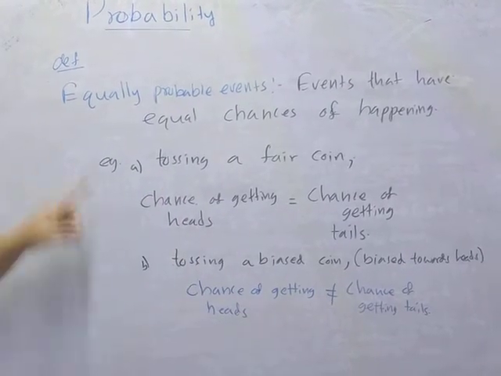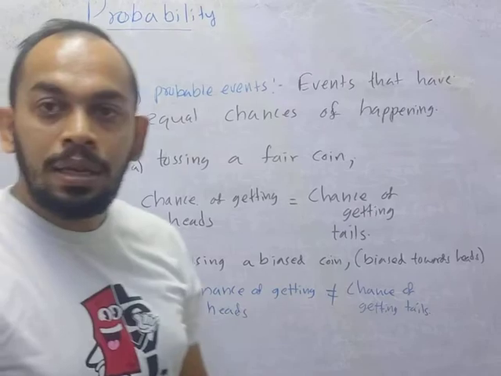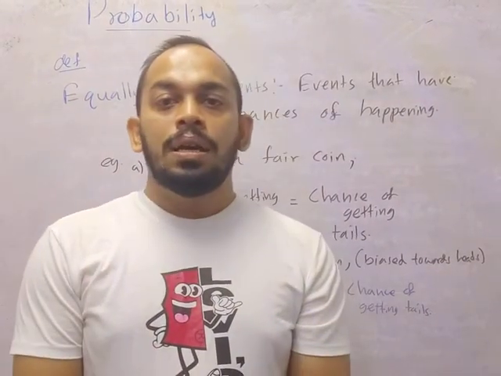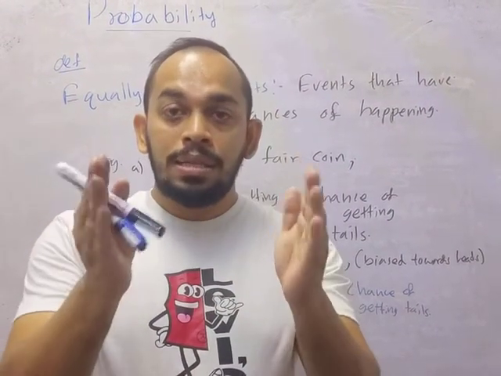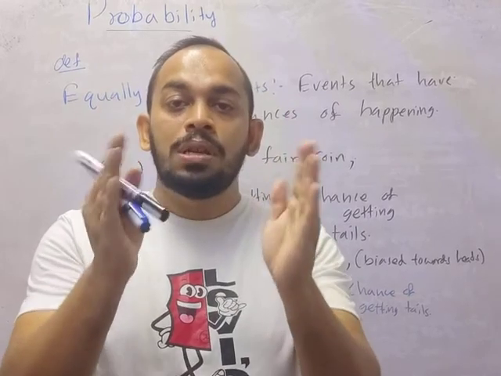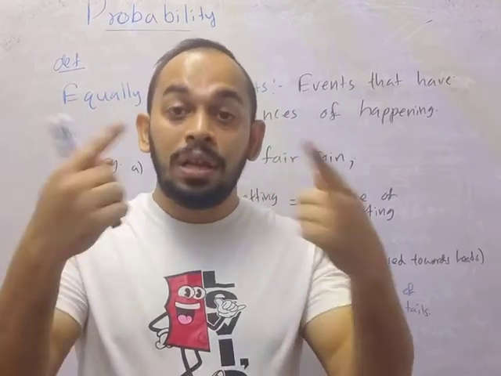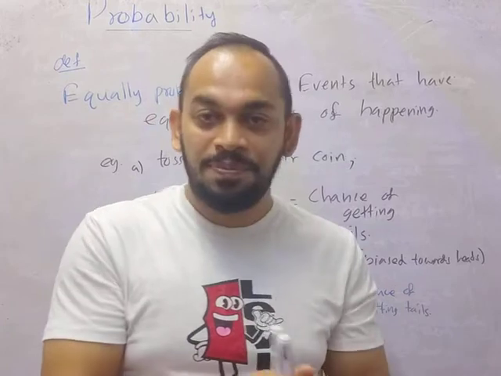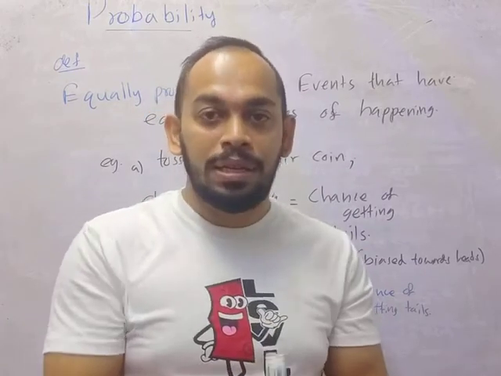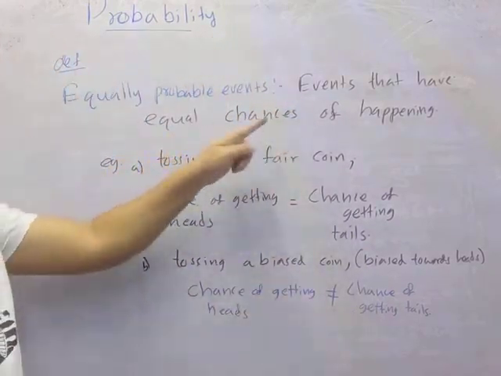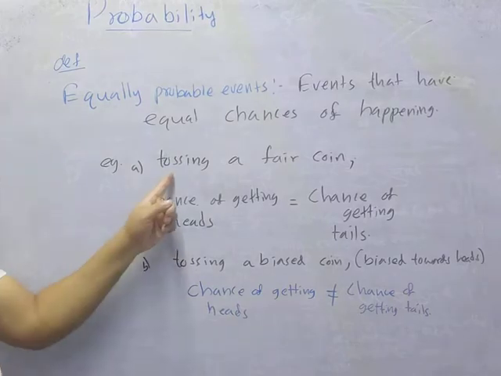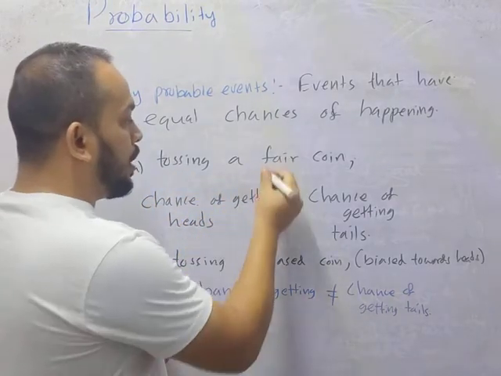The next one is equally probable events. Equally probable events, just as the name suggests, are events that have equal chances of occurring. The probability of these events is the same. Examples: tossing a fair coin.